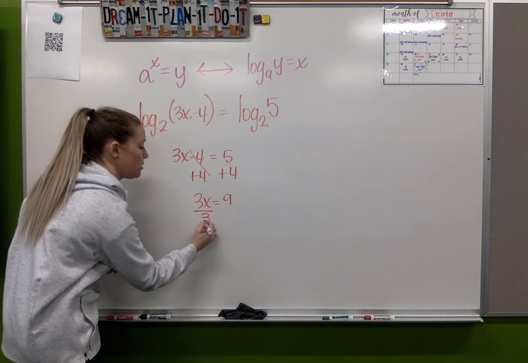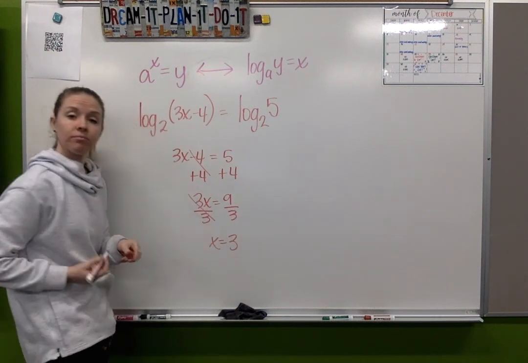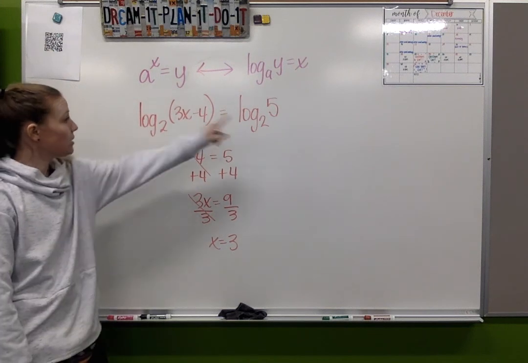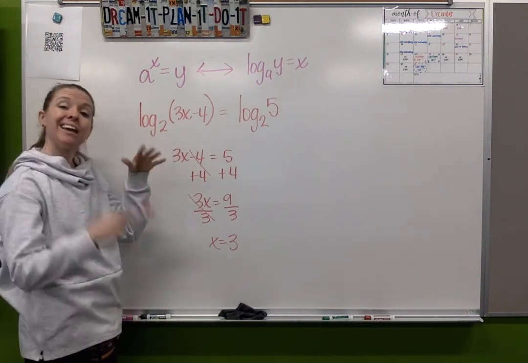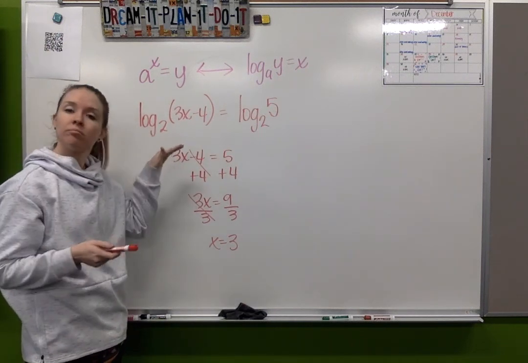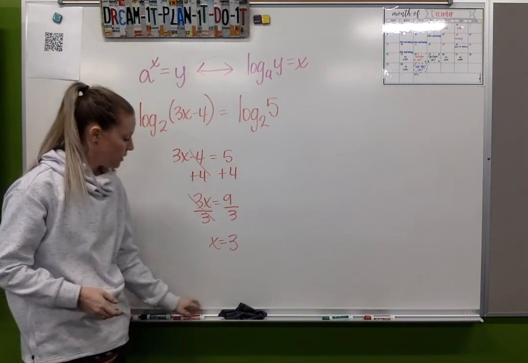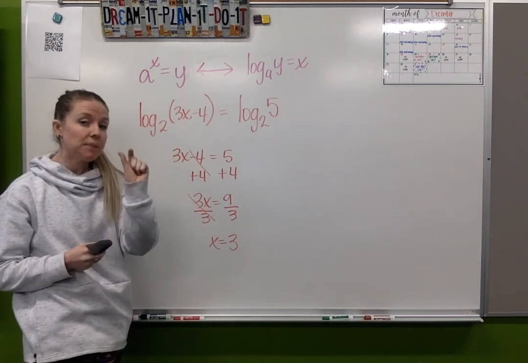And then I divide by 3. And x equals 3. When a log equals a log, the insides have to be equal, so we can ignore the logs for a minute and just solve the equation. X equals 3. Okay. Let's make this one just a smidge harder.